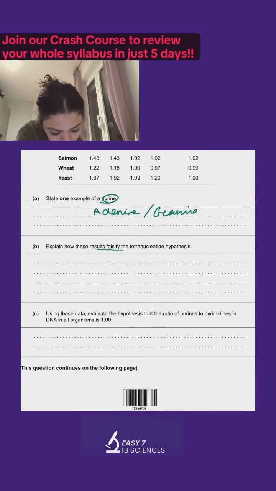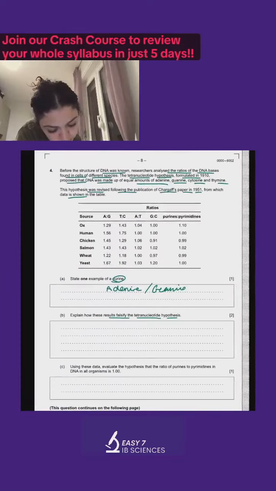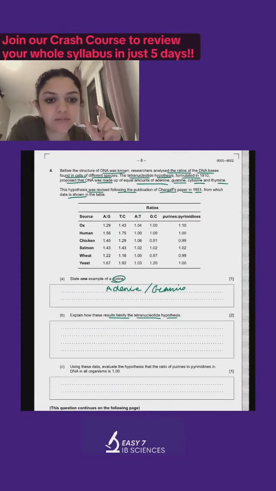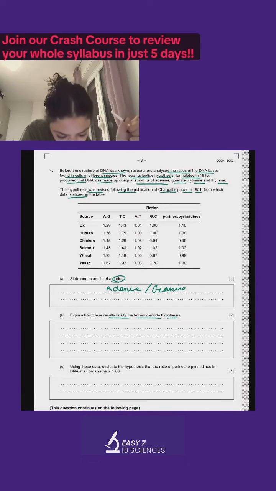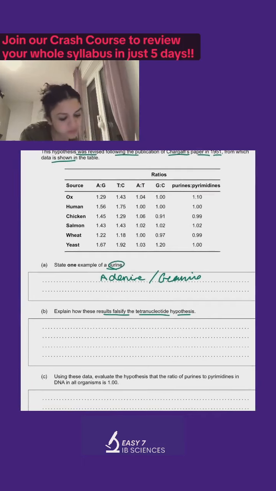Okay. Explain how these results falsify the tetranucleotide hypothesis. So the tetranucleotide hypothesis is basically believing that for every adenine, you have the same amount of thymine, you have the same amount of guanine, you have the same amount of cytosine. But here, how do these results change this knowledge?